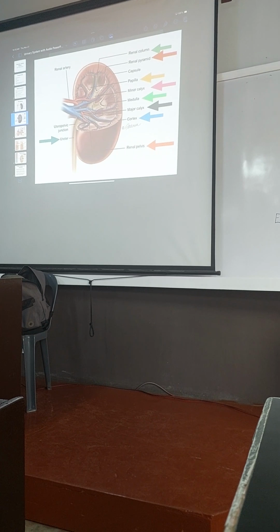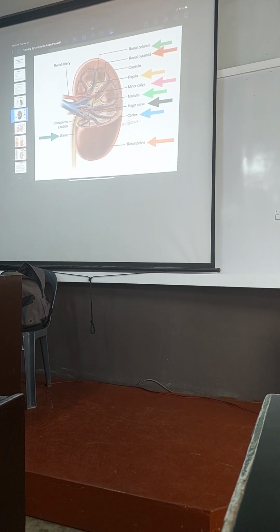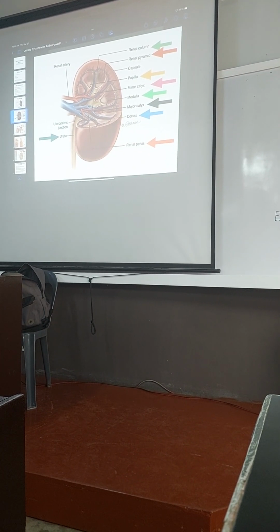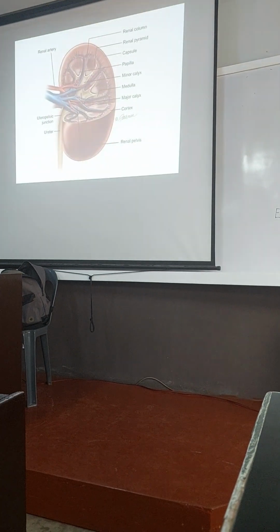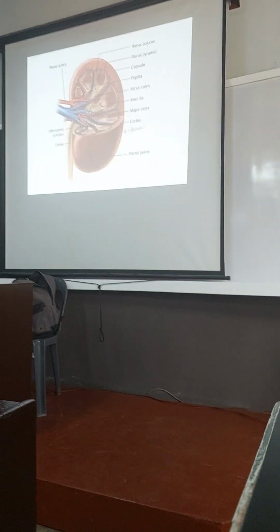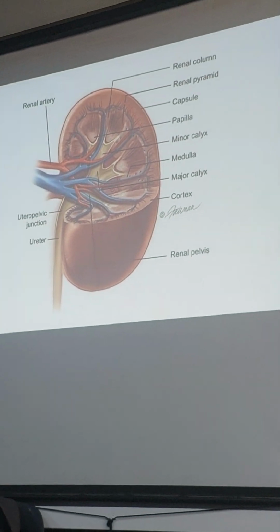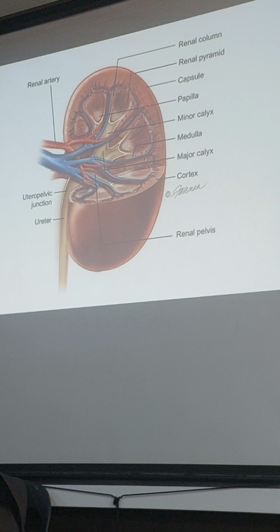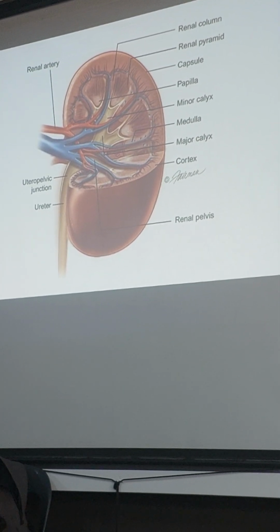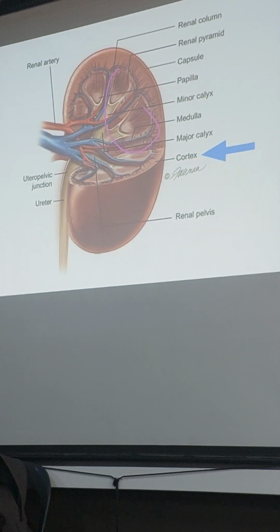So we'll look at the anatomy of the kidney. This is a gross section of a kidney that has been dissected. The outer portion, this darker portion, is the cortex, while the inner portion is the medulla.